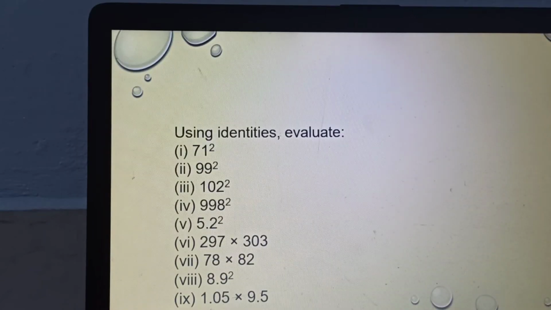Look at 99. Now you can use (90 + 9)², the (a + b)² formula, but it is easier to use the (100 − 1)² formula. The (a − b)² formula is very easy here. According to your wish, you can look at which identity is more suitable and use the formula.